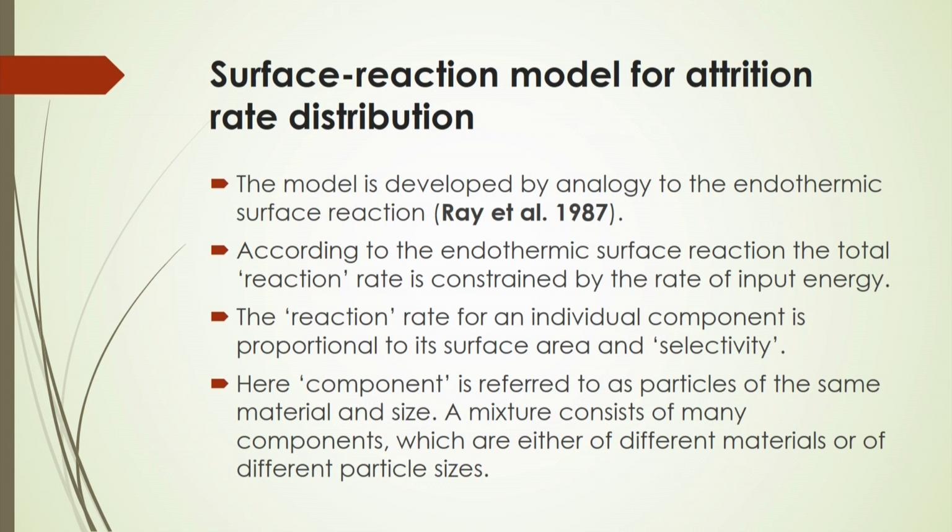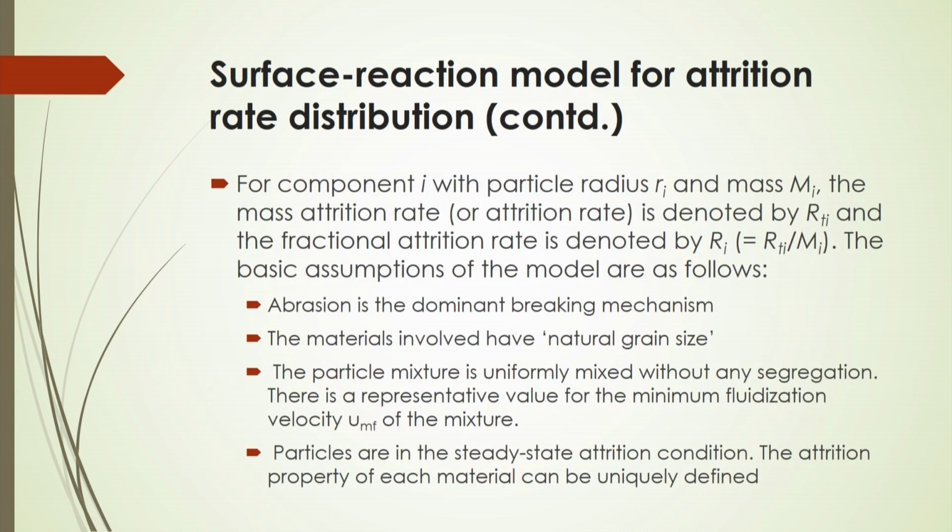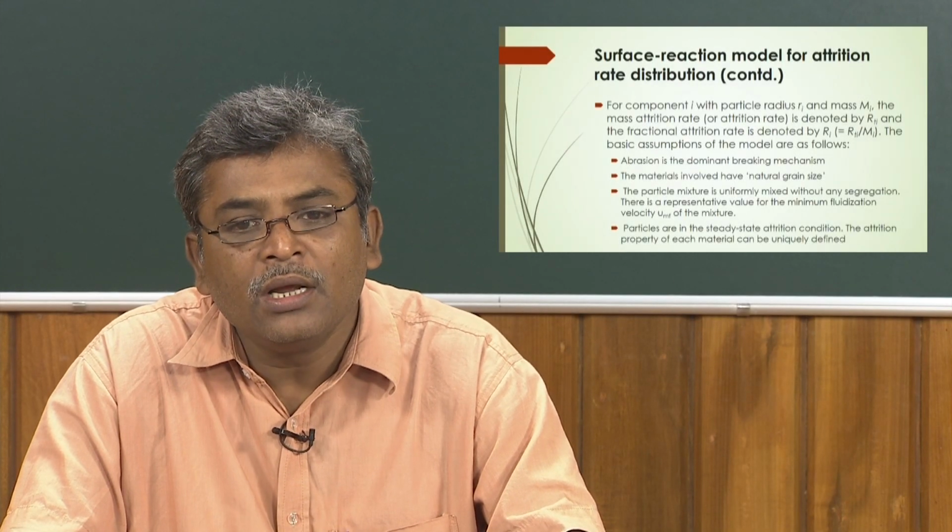Also, for an individual component, the reaction rate can be calculated, and it will be proportional to the surface area of that individual component and also its selectivity. Now, for component i with particle radius ri and mass mi, the mass attrition rate, or simply the attrition rate, will be denoted by RTi, and the fractional attrition rate will be denoted by Ri for that individual component.